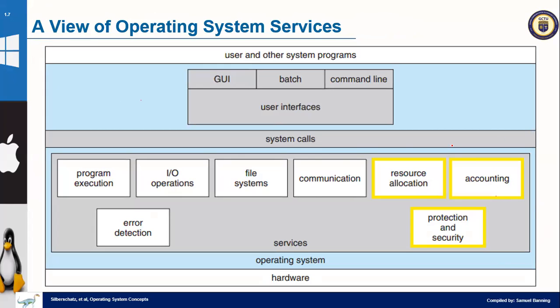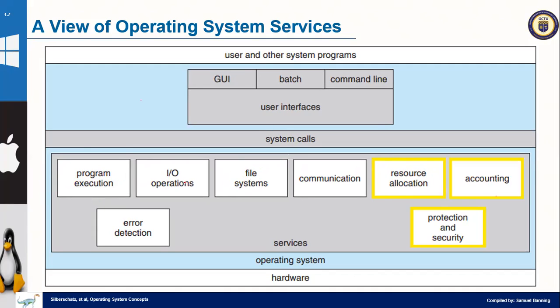The ones with yellow borders are the ones provided by the operating system to ensure the efficient use of the computer system. And the ones with the black borders are the ones provided by the operating system for convenience to the user, okay?